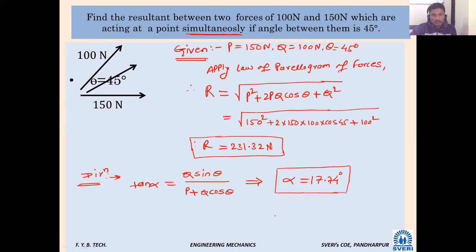Yes, sir, 17.74. Correct. Value of R. Is it such a difficult calculation?